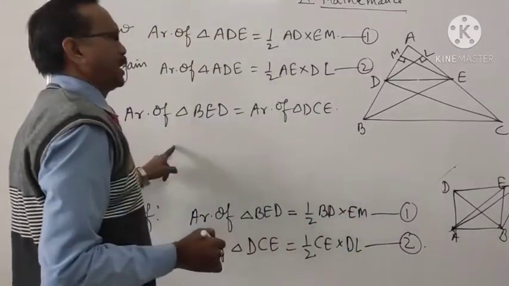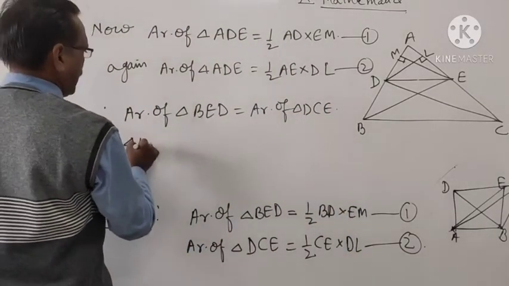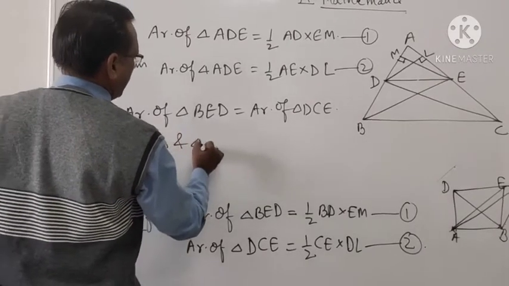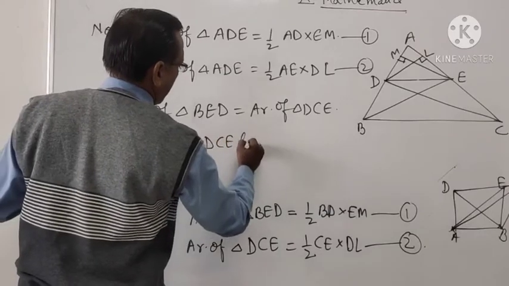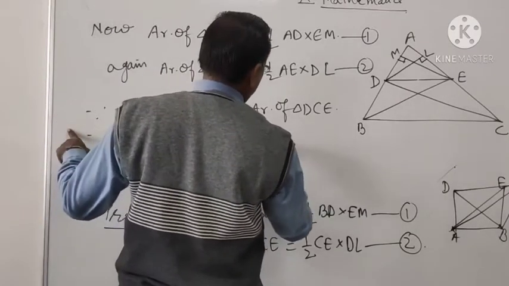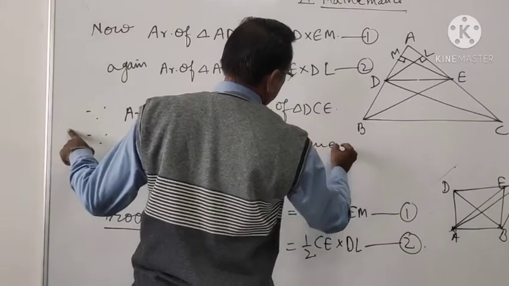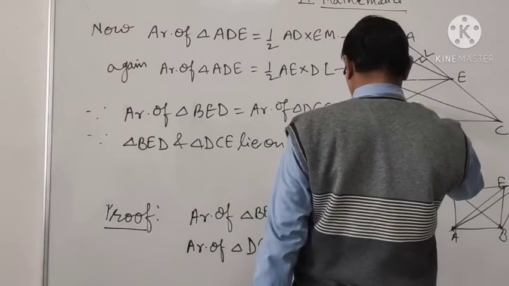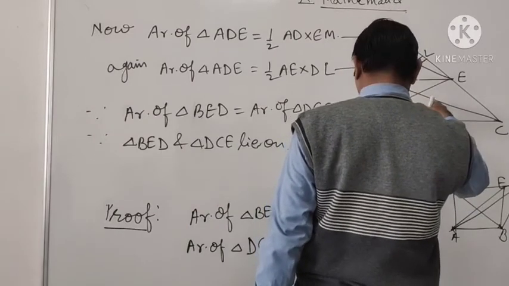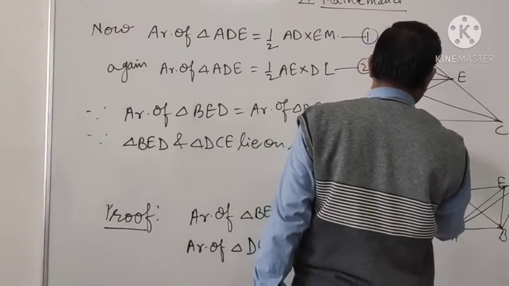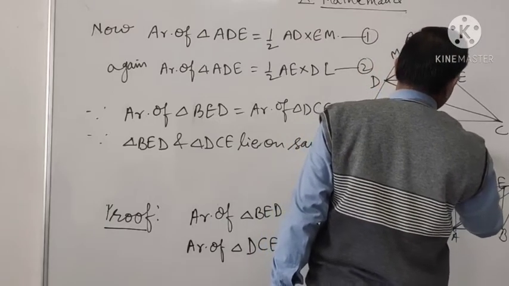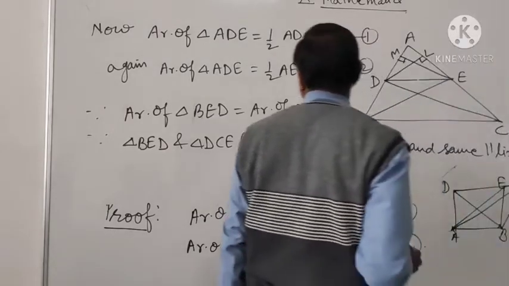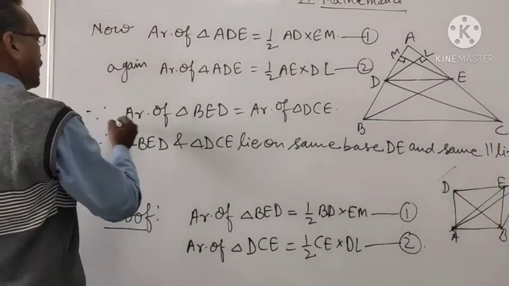Since triangle BED and triangle DCE lie on the same base DE and between the same parallel lines, that's why these two areas are equal.